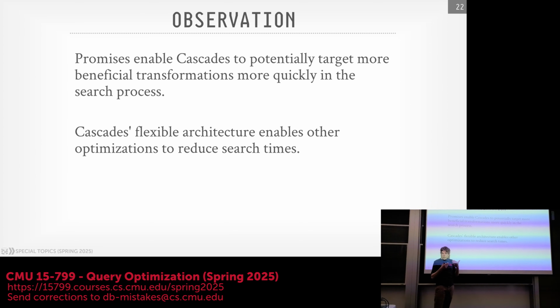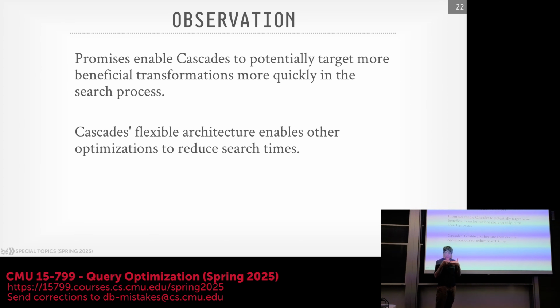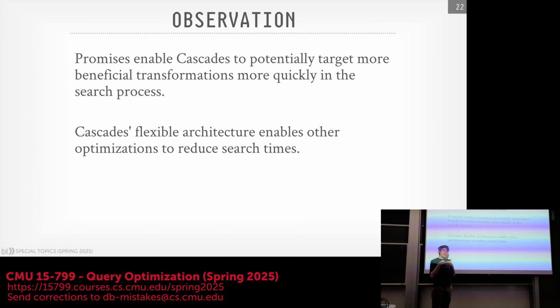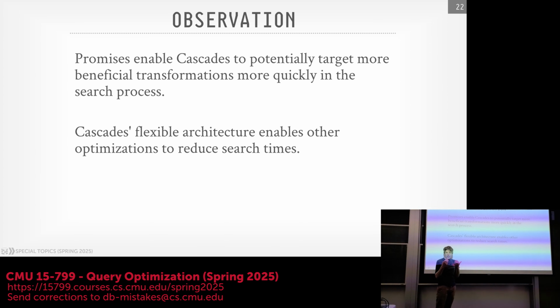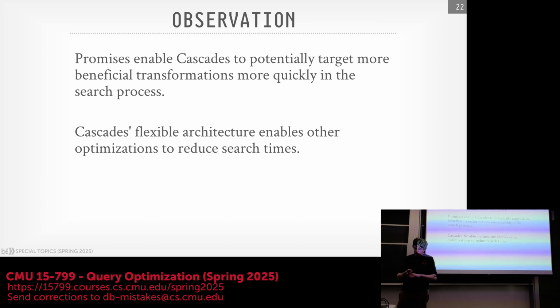It's another way to do the Starburst rewriting. If you set the promise to something like infinity, the higher promise means that it will be chosen more likely than others. If you set a bunch of things to infinity, then those things will get fired right away, and that's equivalent to Starburst: here are the rules I always want to apply in the very beginning.